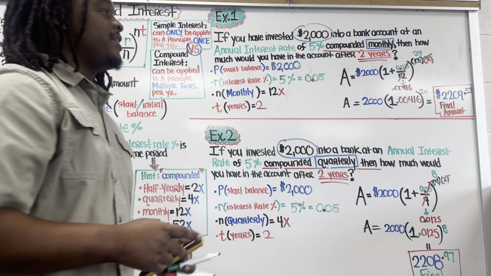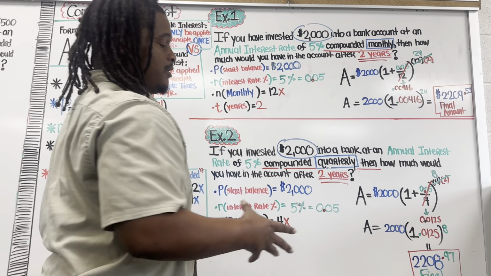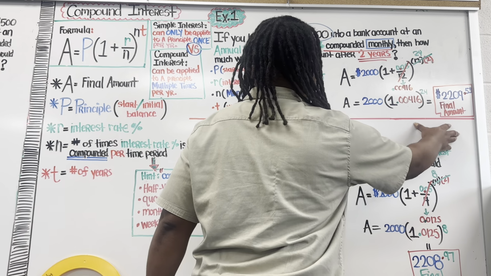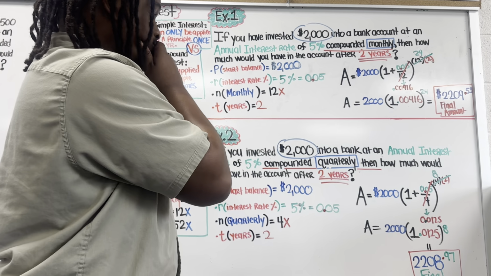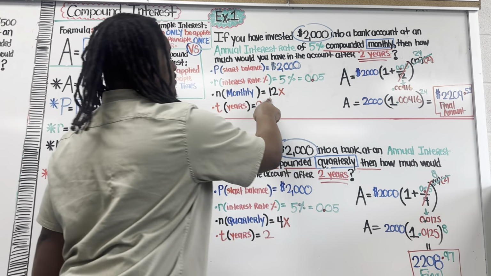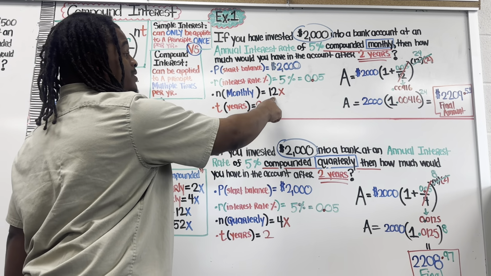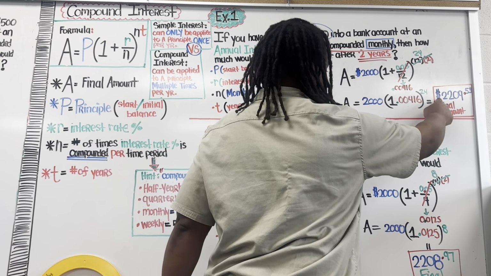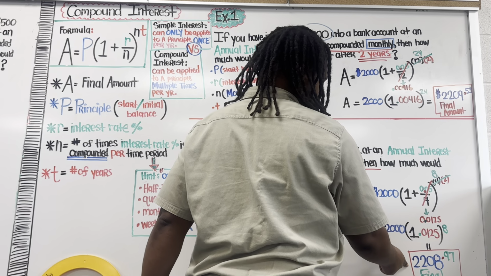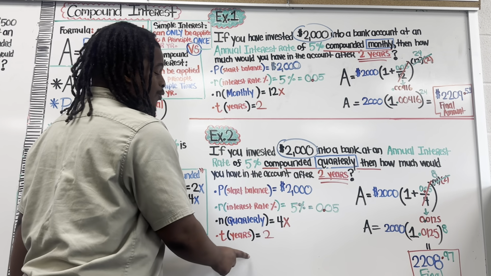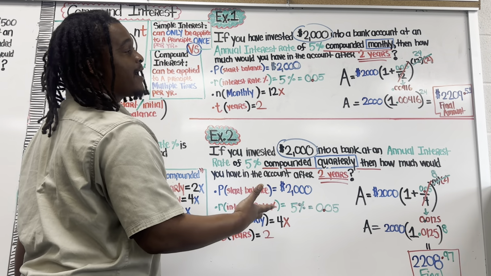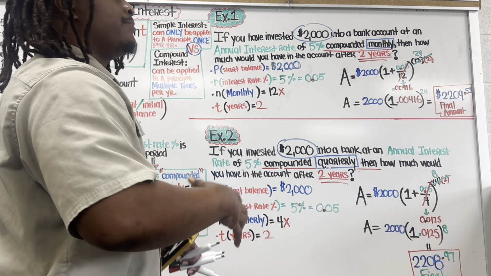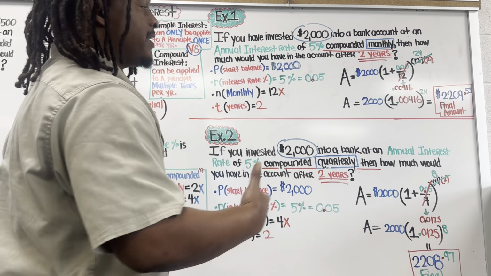Now, the reason why I wanted to show these two examples that were very similar but yet different is because I wanted to show you the difference in the amounts, right? If you notice, guys, when it was compounded monthly, which is 12 times per year, the final amount is a little bit higher than the final amount if it was compounded quarterly, okay? It's just a little bit higher. Of course, with bigger numbers, you will see more of the contrast in the amounts.